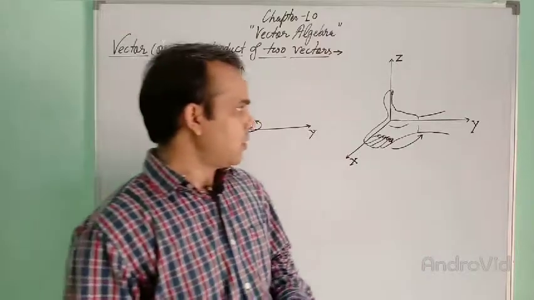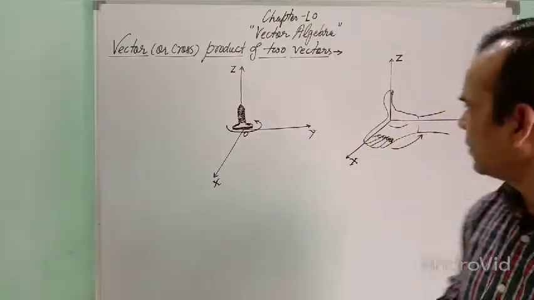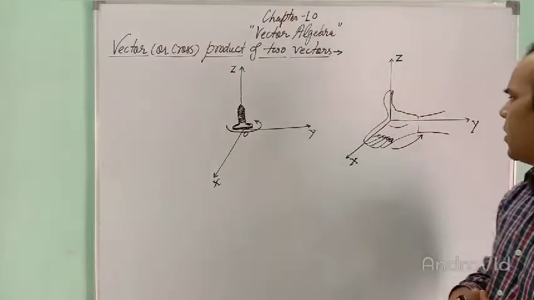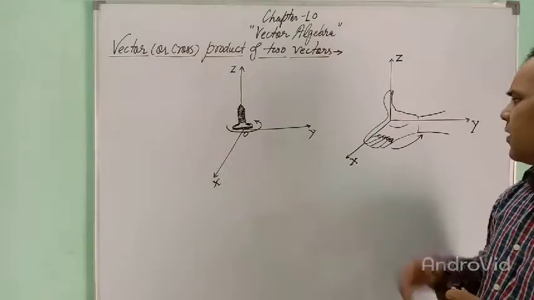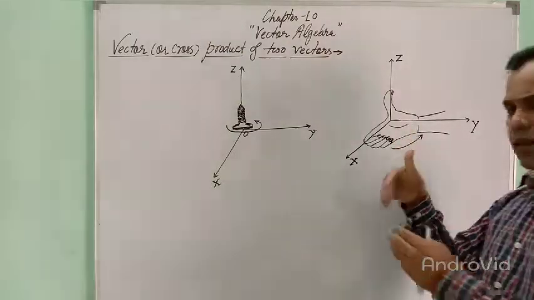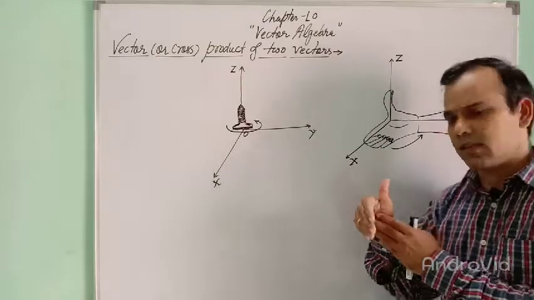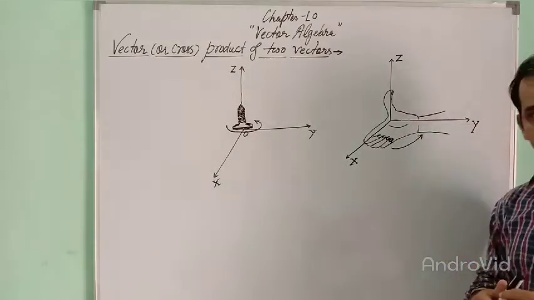Clear? So let's take the example of your hand. You have your hand, and the fingers point towards the positive direction of the x-axis, and this is the y-axis.